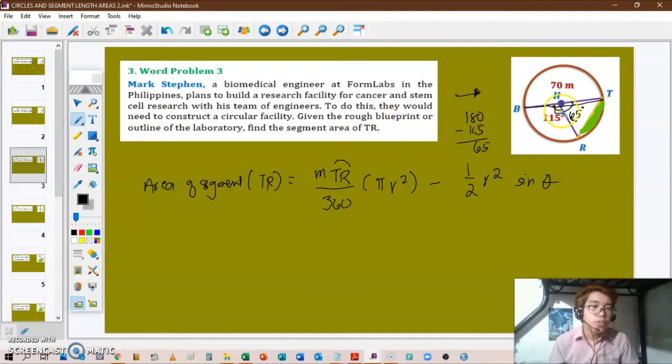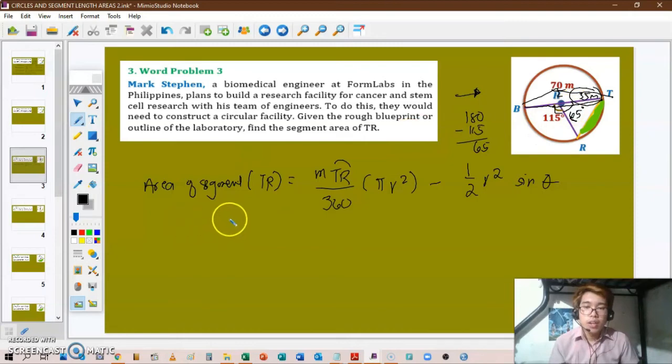To solve for the radius, we know that the diameter BT is equal to 70 meters. We simply divide 70 by 2, which gives us 35 meters. Therefore, the radius HT is 35 meters.